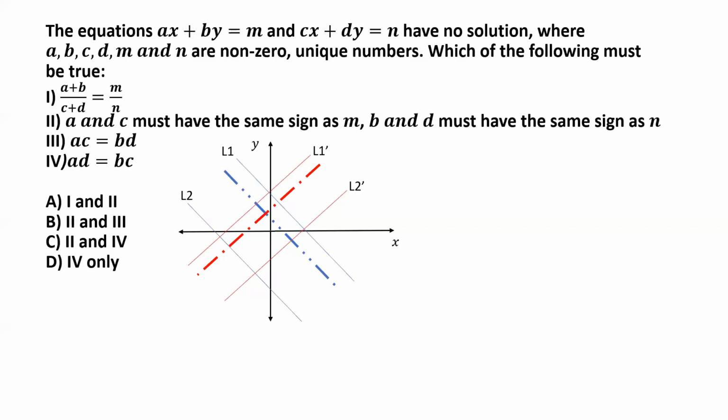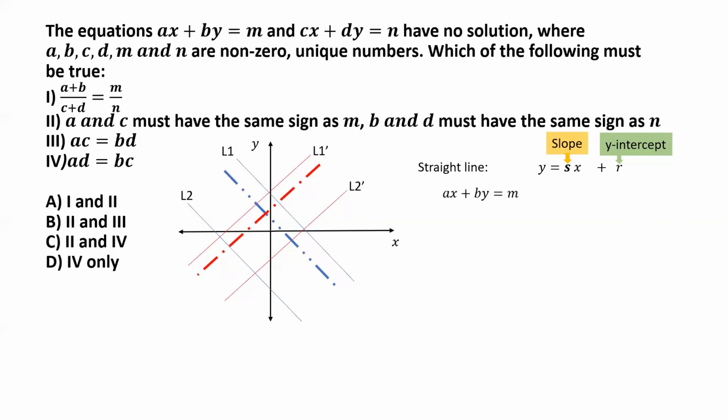So what's the slope of a straight line? If you express the equation of a straight line like this, y is equal to sx plus r, then s is the slope and r is the y-intercept. For two lines to be parallel, we need not worry about the intercept. All we need to worry about is the slope. So two lines are parallel if their slopes are equal.